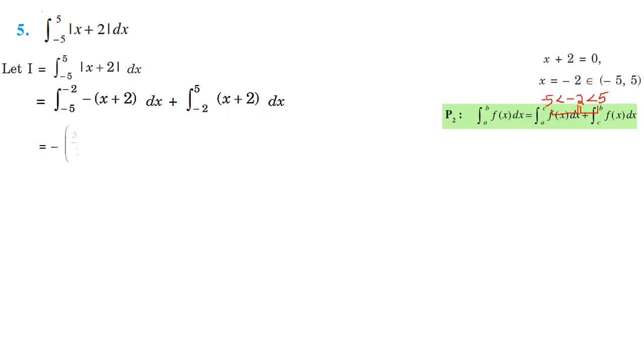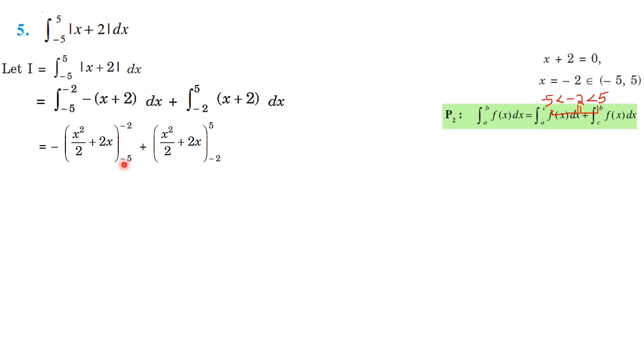Then in this −(x + 2), the minus we can keep outside, and when we take the integration, the integral of x is x²/2, plus 2 times the integral of 1, that is x, so 2x.